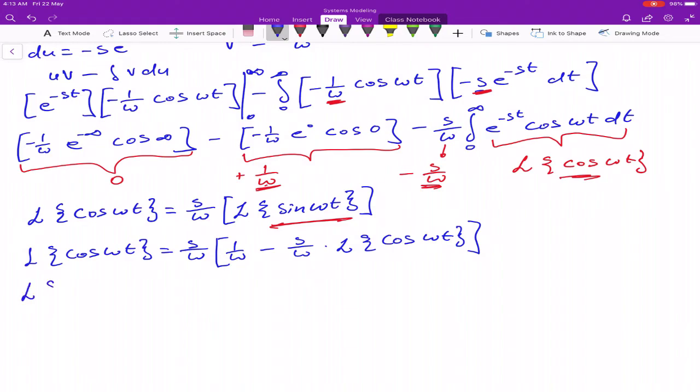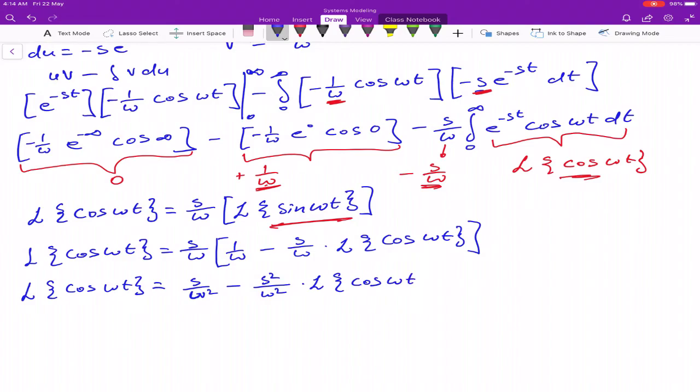So the Laplace transform of cosine omega t is equal to, multiplying this out, s over omega squared minus s squared over omega squared, s times s squared, omega times omega is omega squared, times the Laplace transform of cosine omega t.